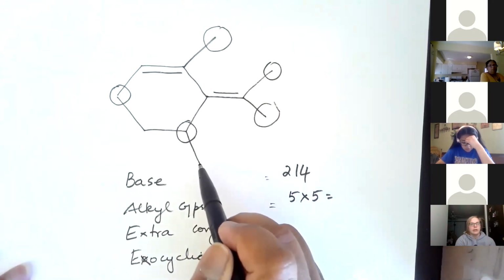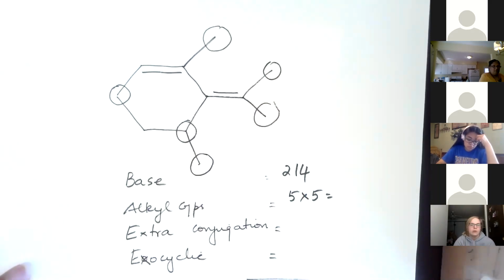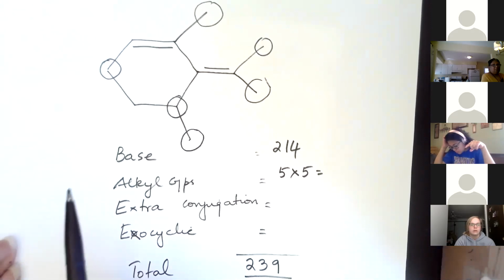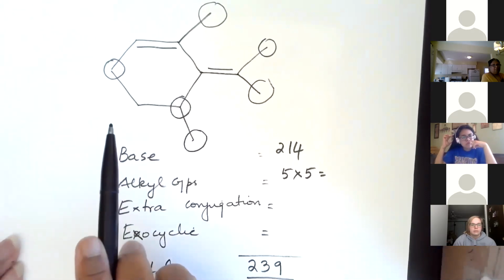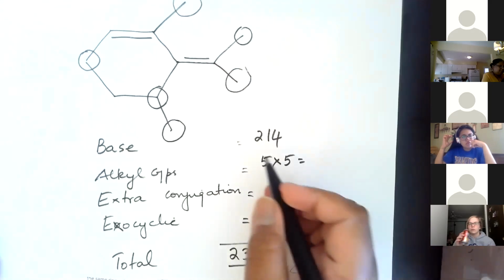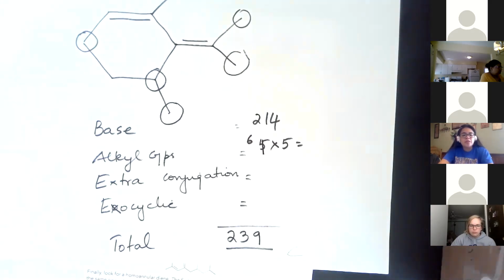Because that would be an alkyl group to the ring, right? Alkyl group to the ring, yeah. That's why they do the residues separate from the alkyl groups. So you have 1, 2, 3, 4, 5, 6. Wait, say that again. Why are we counting that alkyl group when it's not close to any pi bonds?